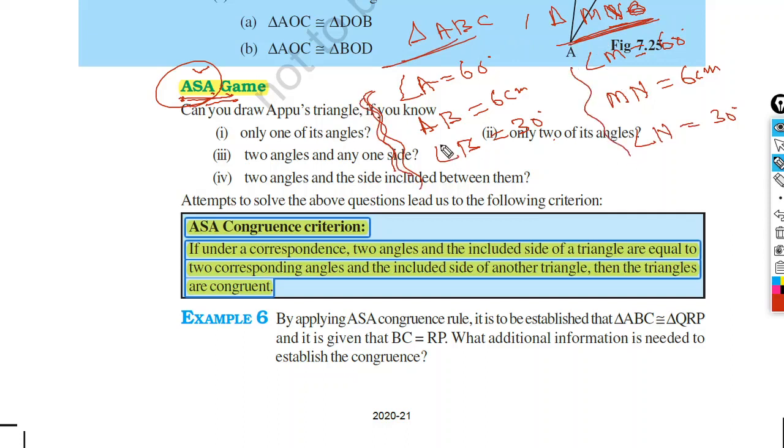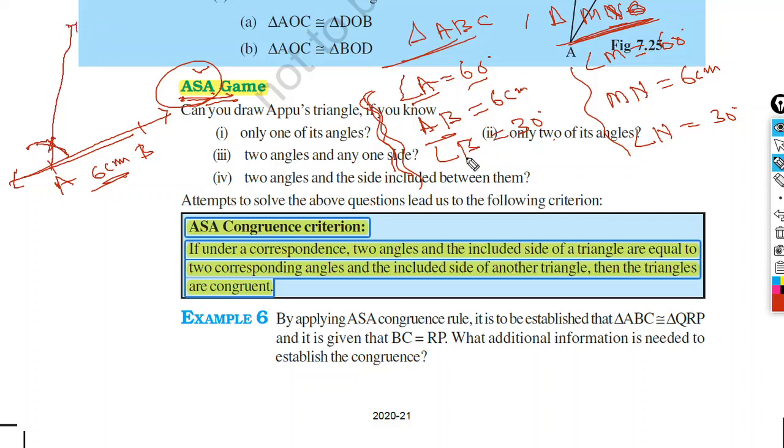So let's start with AB. We'll take a line from which we take a line segment AB whose length is 6 cm. Then we will draw angle A equal to 60 degrees. You know how to draw a 60 degree angle. You take an arc and cross the same arc, then extend it like this.